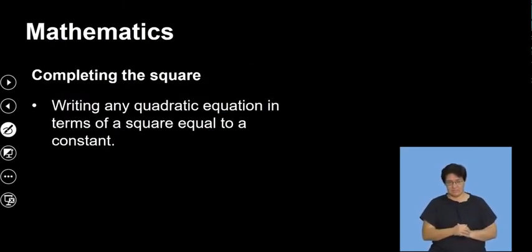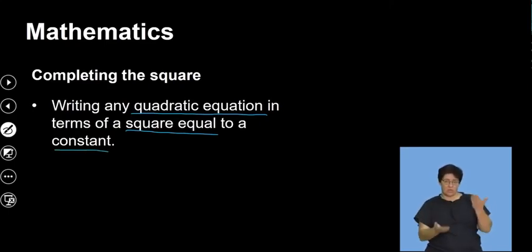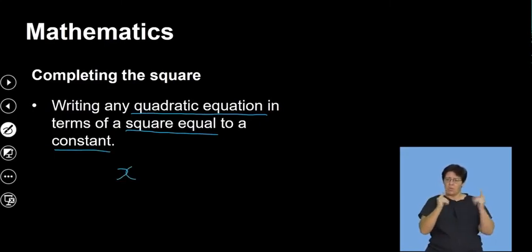Now, to summarize what completing the square is all about: it is to write a quadratic equation in terms of a square equal to a constant. What do I mean? What I just spoke about, in the form of x squared equals c.